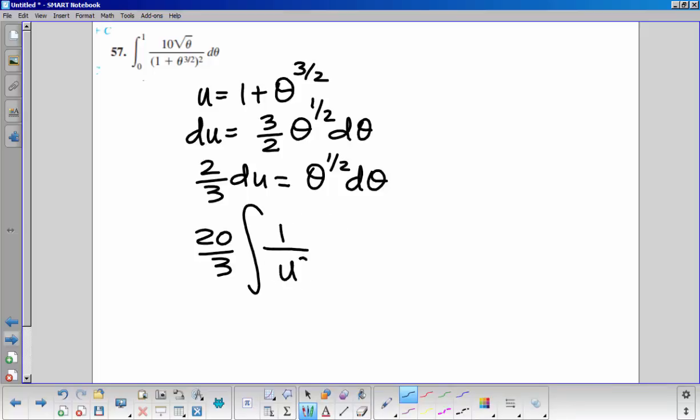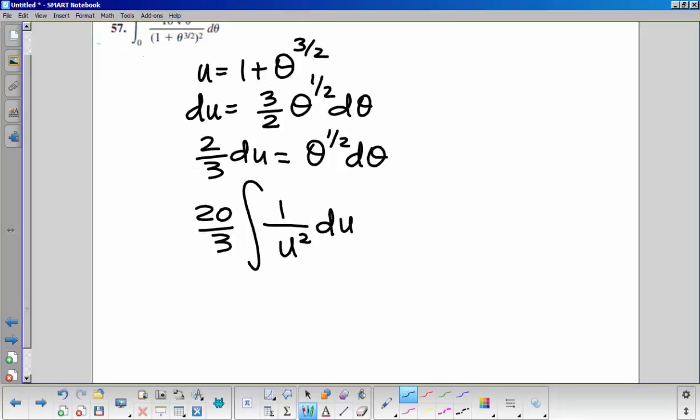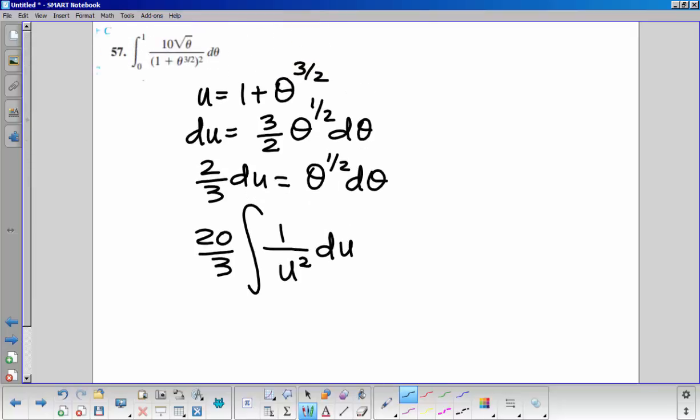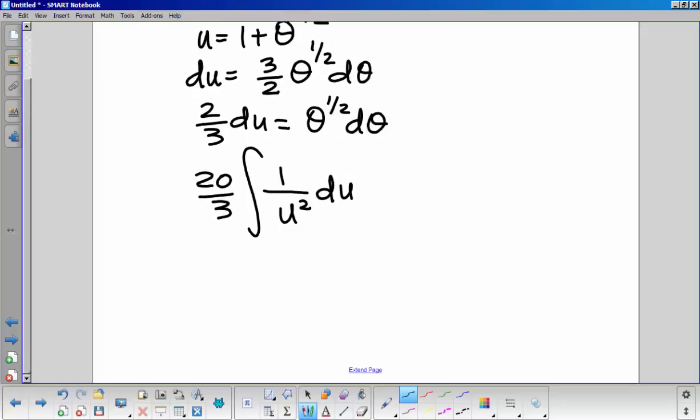That's because the u I said is in the bottom, right? So it's 1 over u squared. But that's u to the negative 2. So this is 20 over 3, integral of u to the minus 2 du.